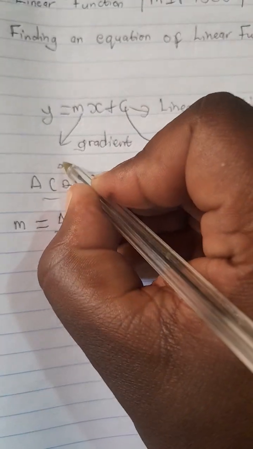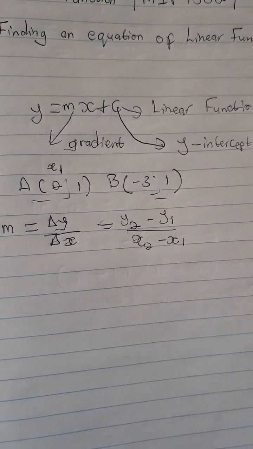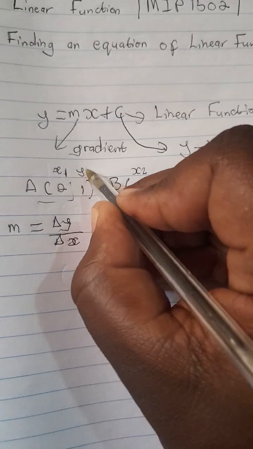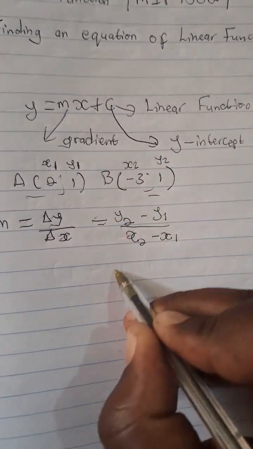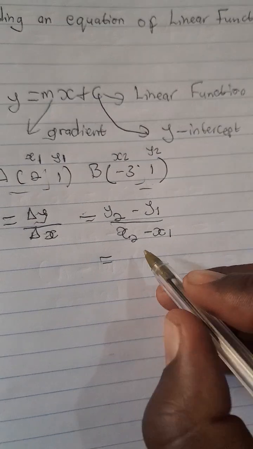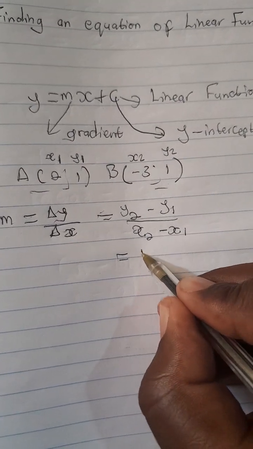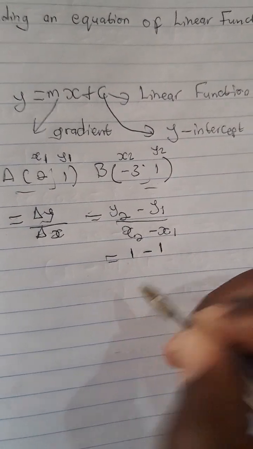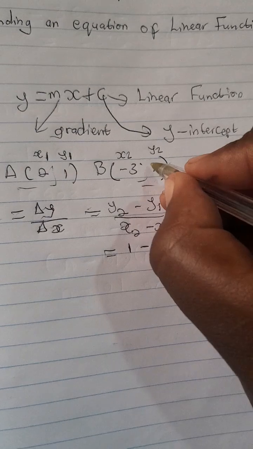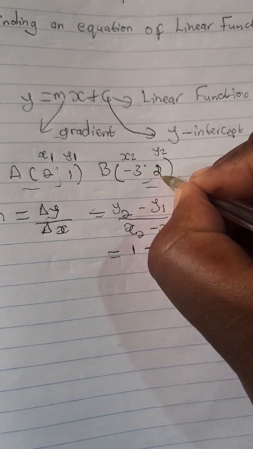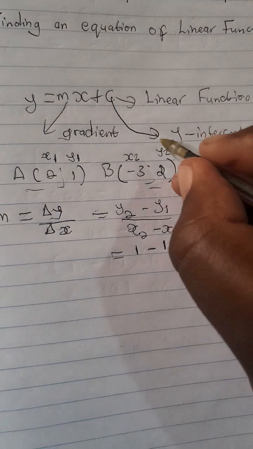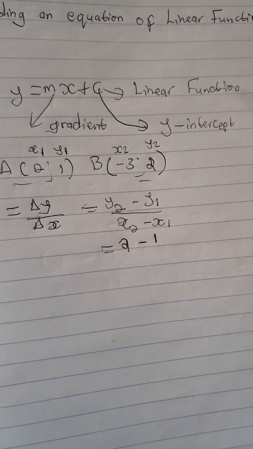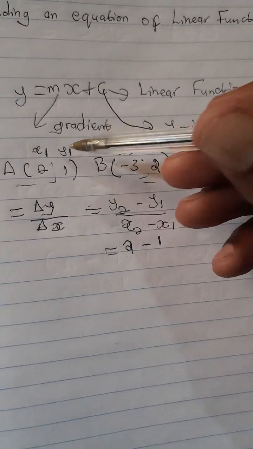You will first name the first x coordinate x1, and the second one x2. Then this one is y1, and this is y2. So let's plug them into this formula. y2 is 1. What is y1? I just want to avoid zeros here, so let me just put 2 as well here. So our y2 will be 2 minus 1.